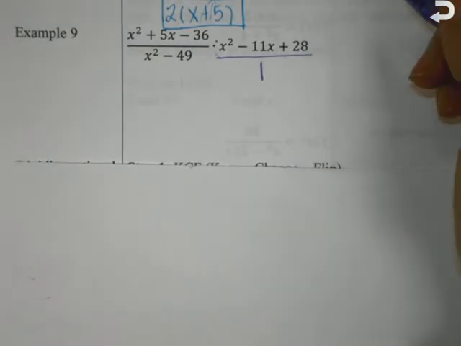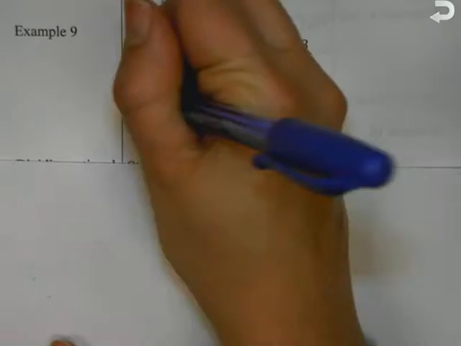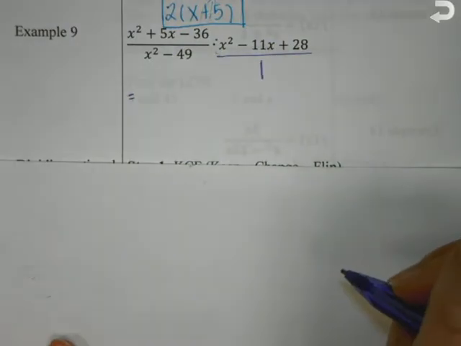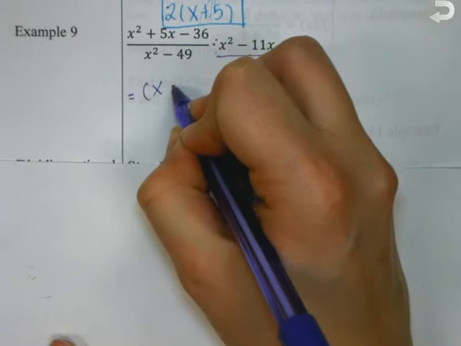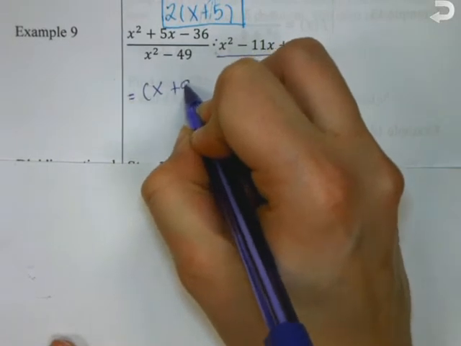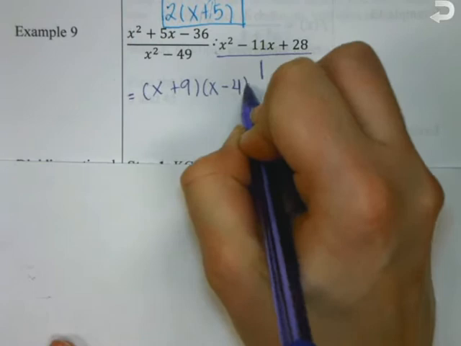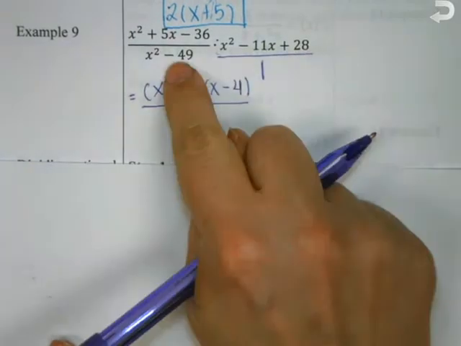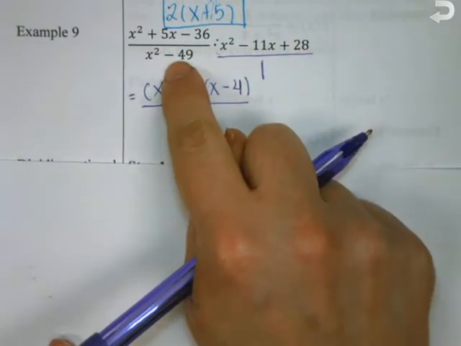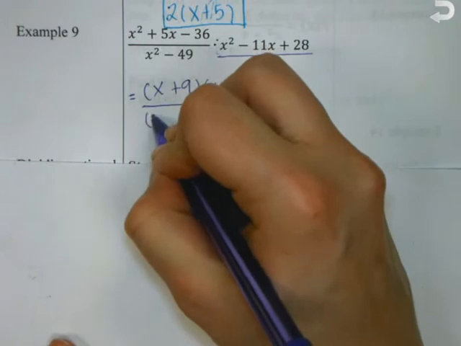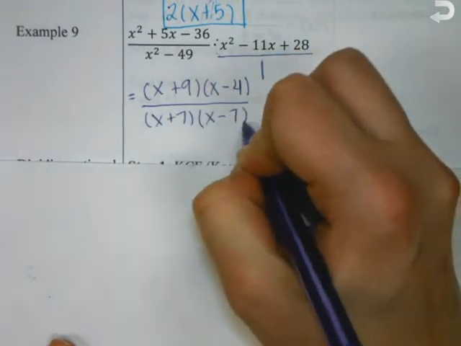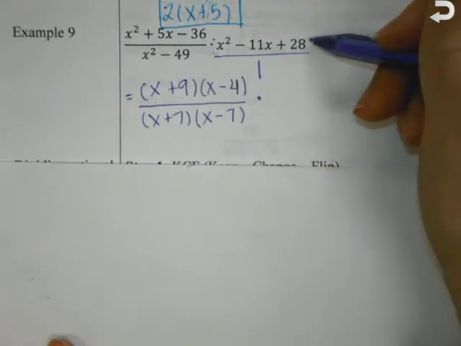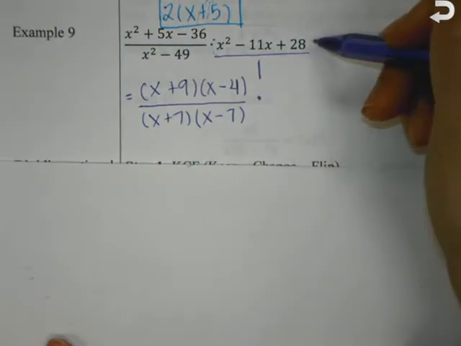Okay, how about this guy right here, x squared minus 49? x plus 7, x minus 7 times, how does this guy, x squared minus 11x plus 28 factor? x minus 7 and x minus 4. Oh, both of them are negative.